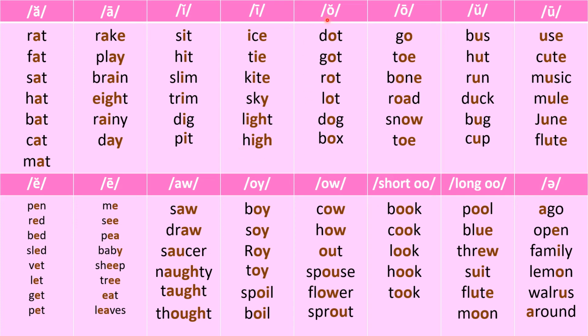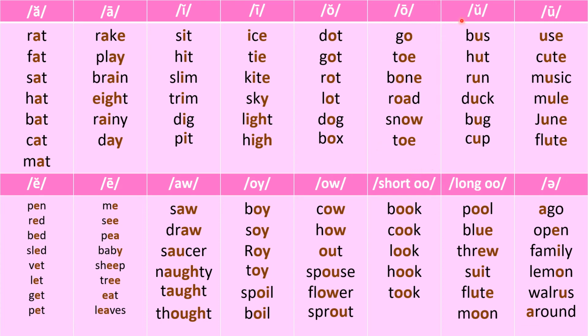Short O as in dot, got, rut, lot, dog, and box. Long O as in go, toe, bone, road, snow, and toe.